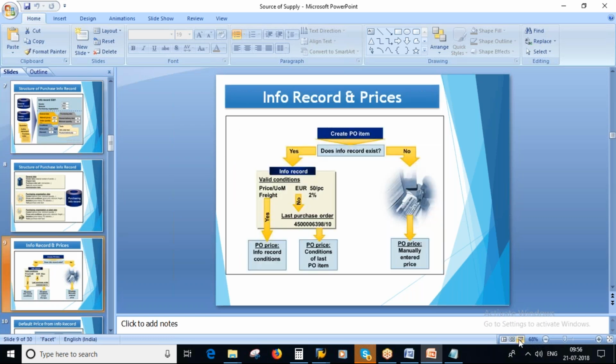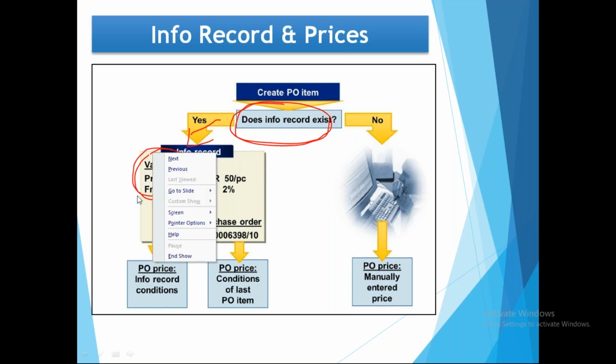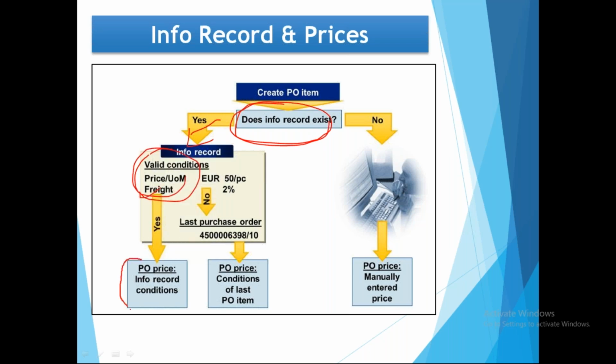So whenever you create a purchase order, the system will check whether an info record exists or not. If yes, the system will read the info record and propose the price and everything into the PO. If there is no info record, then the system will search whether there are any existing purchase orders, and it will propose the data from the last purchase order.